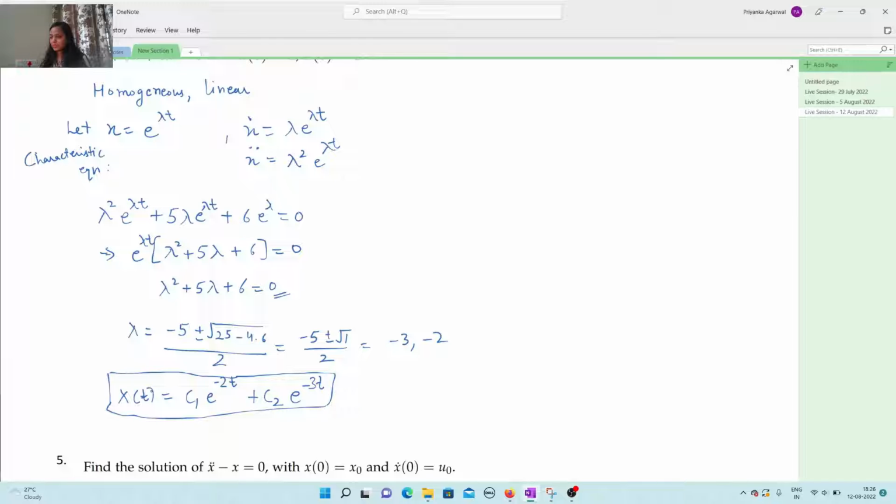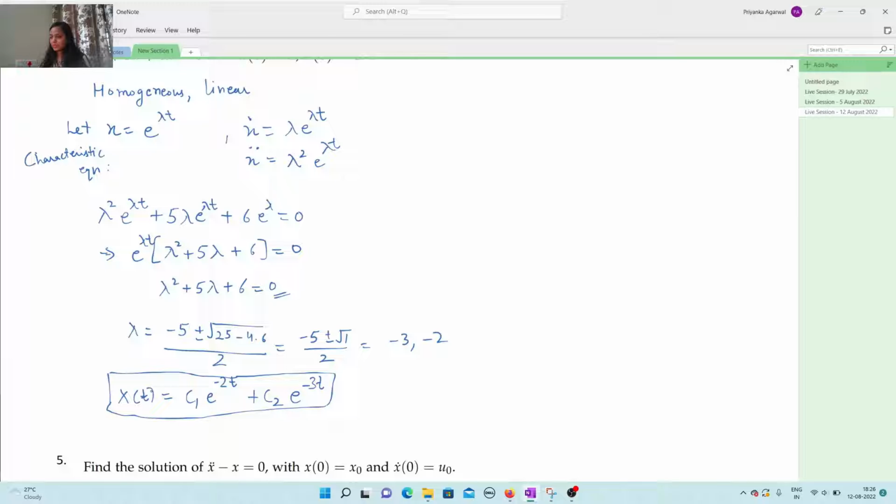So from this equation we can write c1 as 2 minus c2 and substitute here, so it will be minus 2 times (2 minus c2) minus 3c2, and this will be minus 4 plus 2c2 minus 3c2 equals to 3, and so this gives c2 equals to minus 7, and therefore c1 will be 2 plus 7, which is 9.